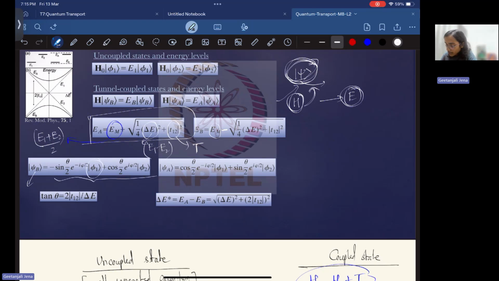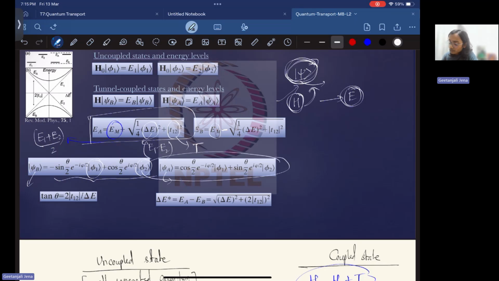Remember that phi 1 and phi 2 are the unperturbed states which we had earlier in the uncoupled state. So now this psi b depends on both phi 1 and phi 2 because of the coupling between these two quantum dots. And for the anti-bonding state, we can also express the wave function with this equation.